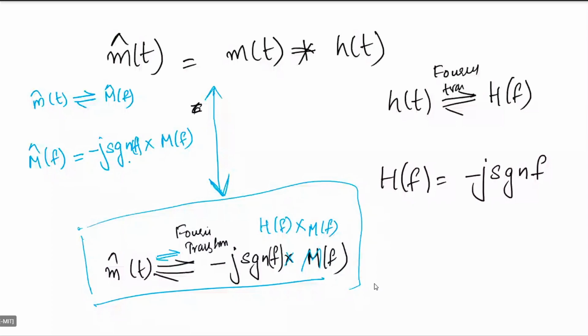Yes, ma'am. So m hat t has a transform m hat f, and m hat f is minus j signum f into m of f. So to get m hat t in the time domain from m hat f, you need to do the inverse Fourier transform.